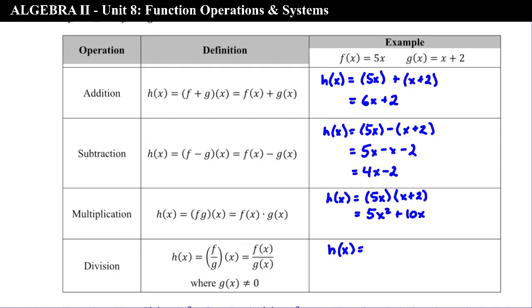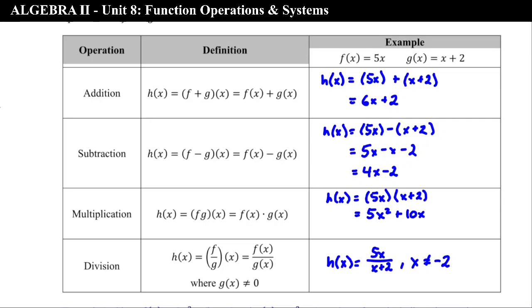So let me write this a little bit down because we're going to be working with fractions here. h of x equals f of x divided by g of x. Well, f of x in our example is 5x, g of x is x plus 2, and that's simply all we can do with it. There's nothing we can do to simplify that. So that would be your answer, but you have to specify that x cannot be negative 2 because we cannot divide by 0.